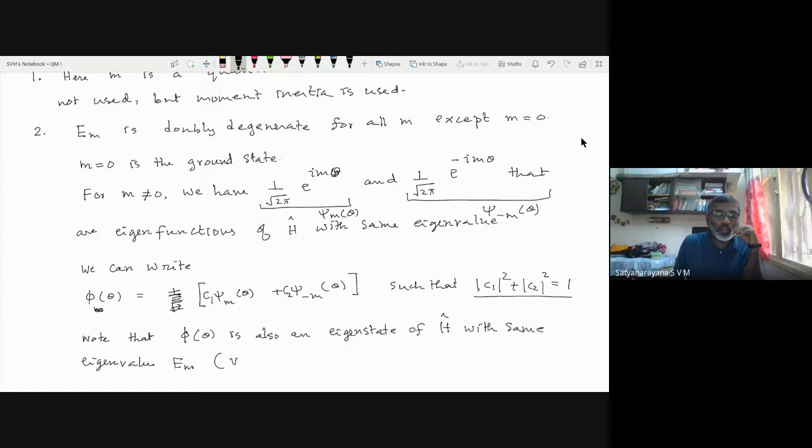This you can verify: you apply the Hamiltonian on this function, and then you can see this. So this linear combination is also an eigenfunction of H with the same eigenvalue.